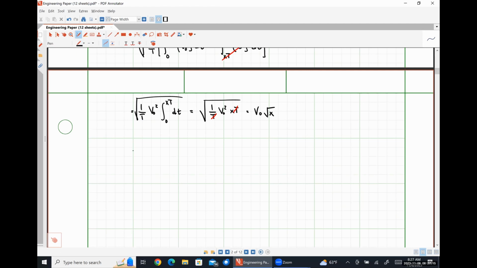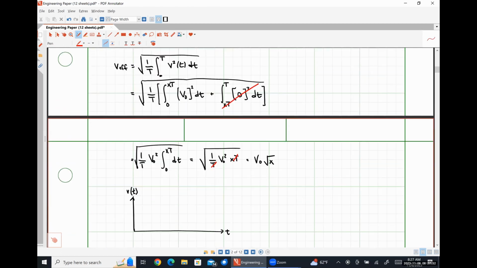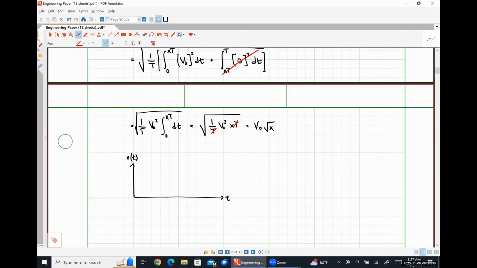So let's say we have another voltage. This time, I want to find out what the effective value for what we would commonly call a sawtooth wave is.